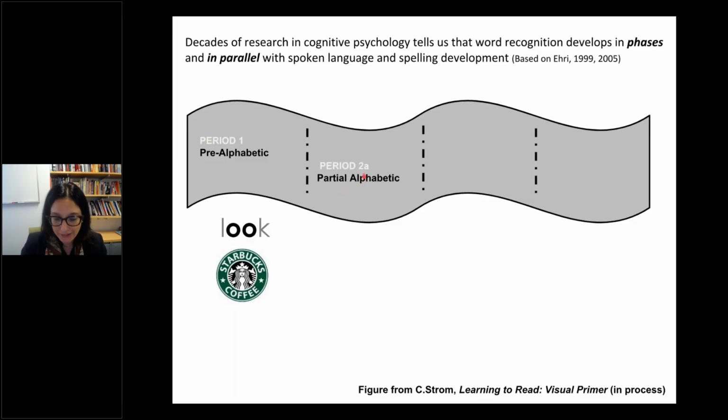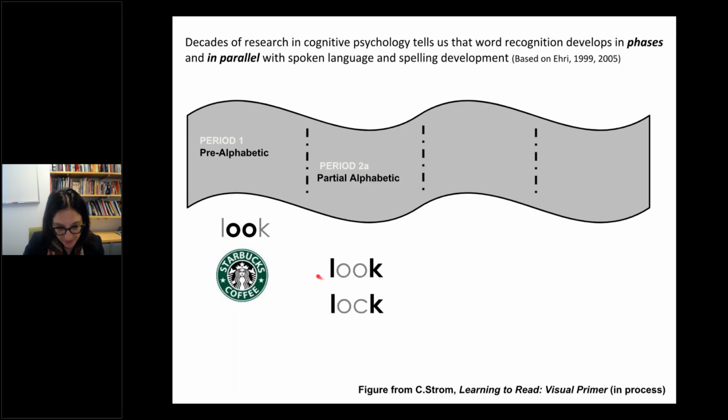So the second period, period 2A, is partial alphabetic. In the partial alphabetic, if you think about the word look over here, a child might see the word look and say look. However, when they see a word like lock, guess what they'll also say? Look. Right? So in the partial alphabetic period, a lot of children just look at the initial and final letter.